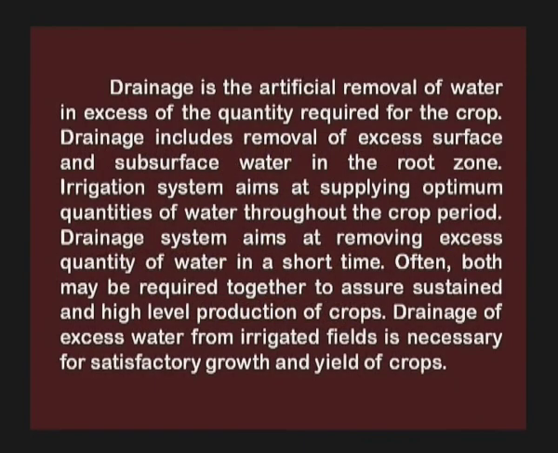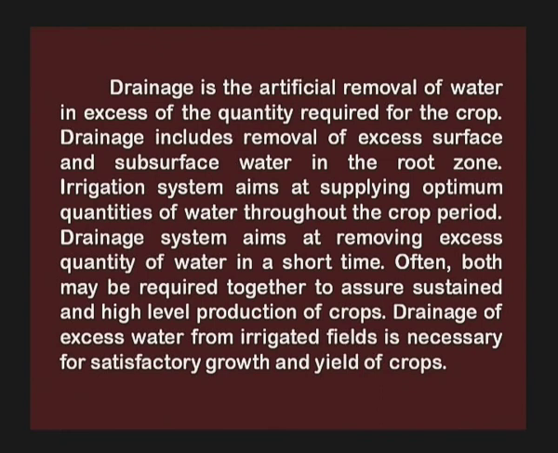From the production point of view, both irrigation and drainage are important. Drainage is the artificial removal of water in excess of the quantity required for the crop. Drainage includes removal of excess surface and subsurface water in the root zone. Irrigation system aims at supplying optimum quantities of water throughout the crop period.